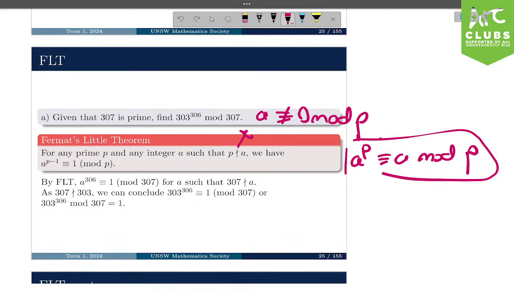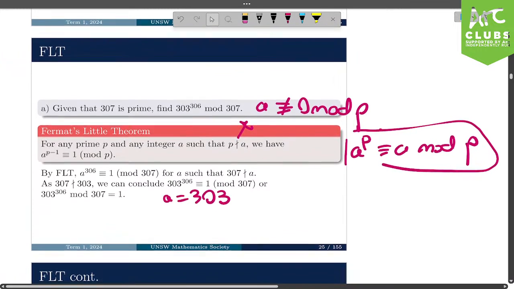So we know that 303 is not a multiple of 307 because it's less than 307. So we can set our a to be equal to 303, and thus we get that 303 to the power 306 is 1 mod 307.